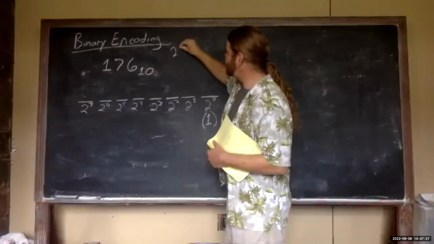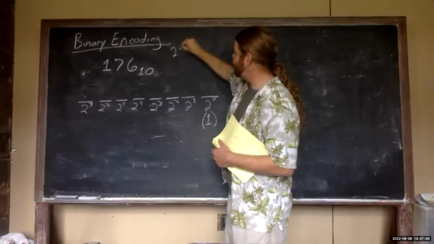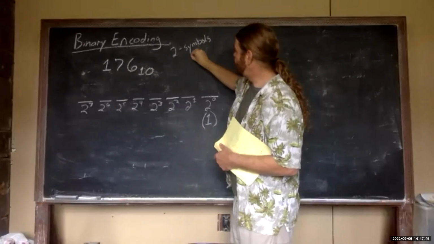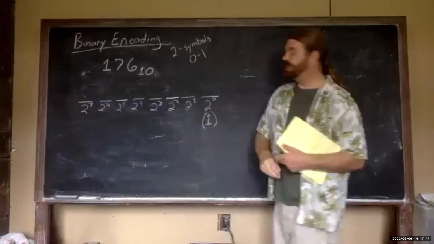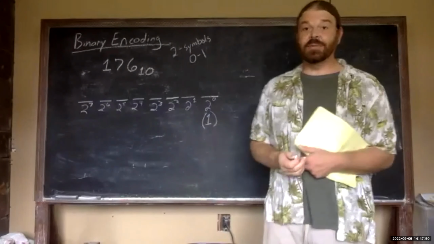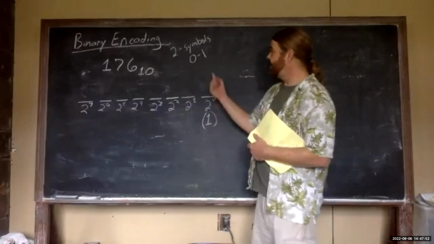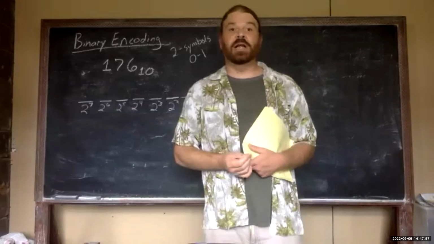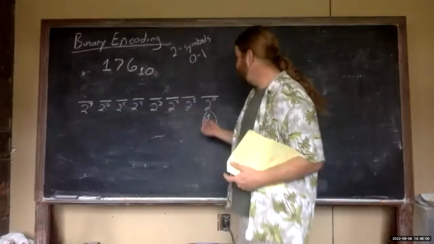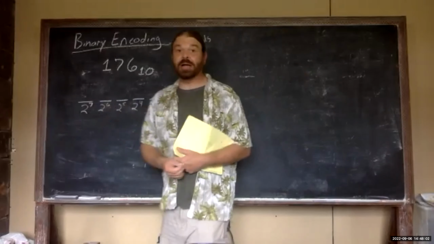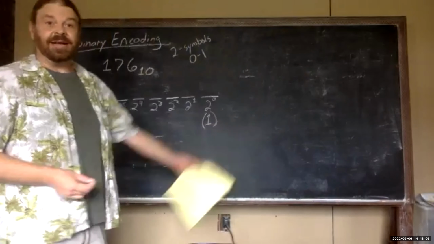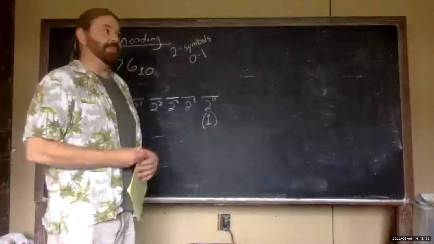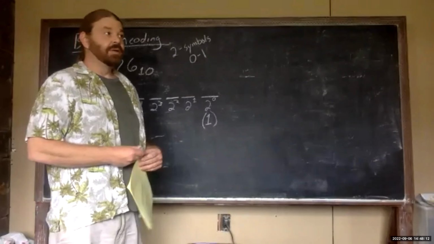We're looking for base 2, so binary, so we need 2 symbols, which we'll use 0 and 1. And the nice thing that makes it easier is another binary state that we often deal with is yes and no. So instead of going through each column trying to figure out how many we have, like in base 7, how many in the 49s column, how many in the 7s column, it's a yes or no question.